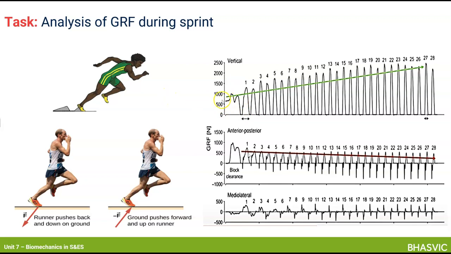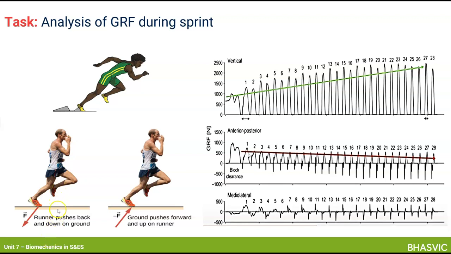Conversely, the top graph shows this upward-downward force. And what you can see is that from the blocks, there is a relatively low upward-downward force, but as we get further down the track, that upward-downward ground reaction force becomes larger. That makes sense, because once we've done our 20 to 30 meters of acceleration, driving, keeping low, leaning forward, we become more upright, and there's less forward-backward and a bit more upward-downward foot placement, a force going down a little more vertically.